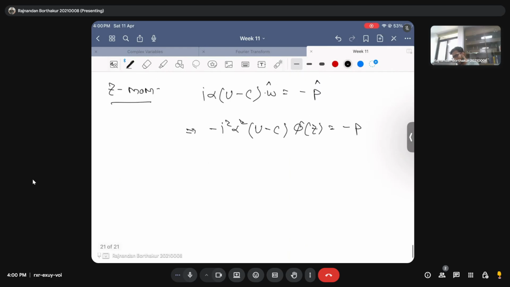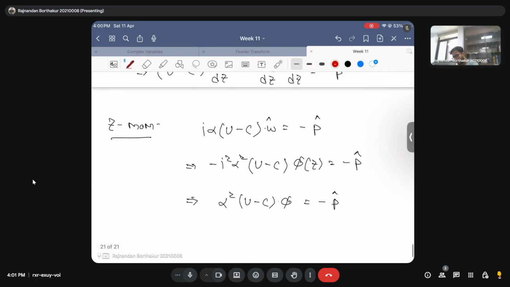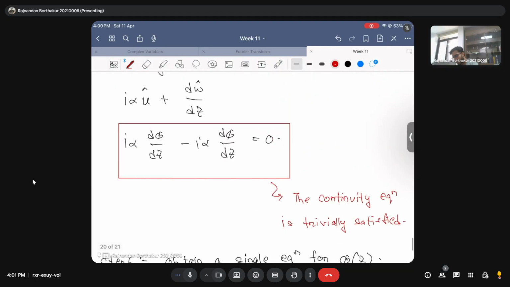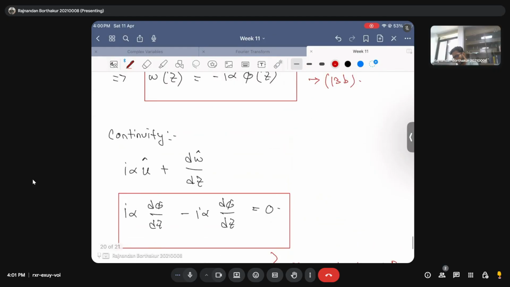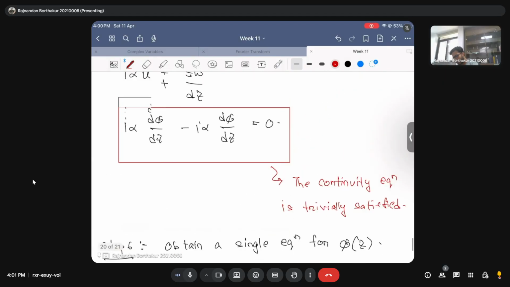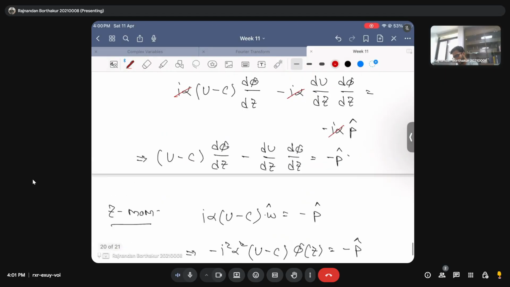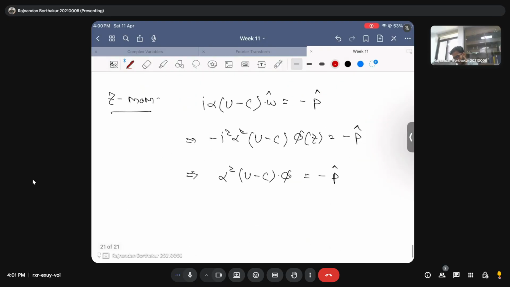And then I know that i squared is equal to minus 1, which means this becomes alpha squared (U minus c) times phi is equal to minus p hat. Maybe I'll name some equations. This is 13. Maybe I'll name this as equation 14a, and maybe I'll name this as equation 14b.